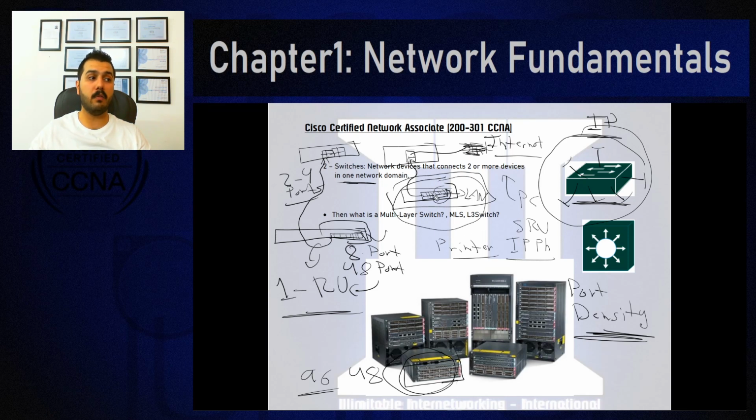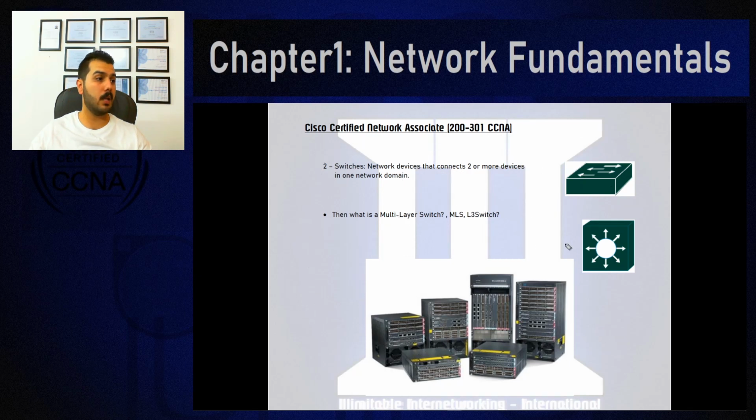Once one of the devices needs something from outside the network, it will go to the router, and the router will route it to another switch, or maybe to the internet, or any destination it wants. So that is the main difference between routers and switches.